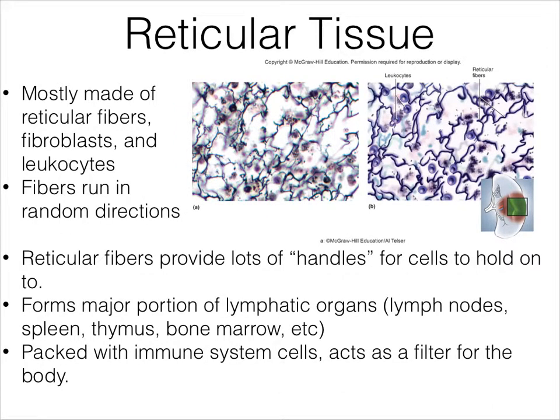Second, reticular tissue. Reticular tissue is a loose connective tissue where the dominant fiber type is reticular fibers. You can recognize reticular fibers because they usually stain very dark and thin, and you can see how they make all of these squiggles, and they'll connect with one another.